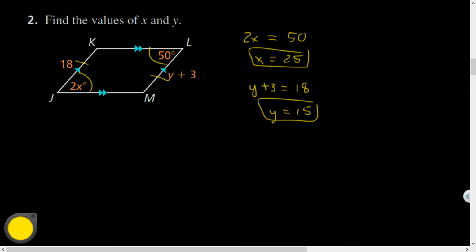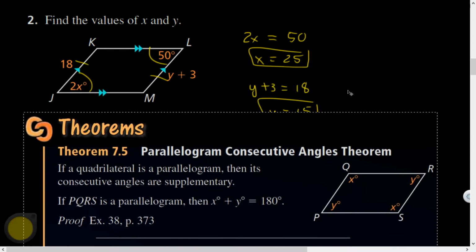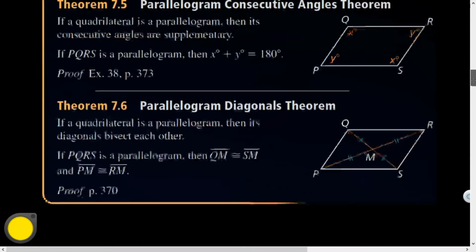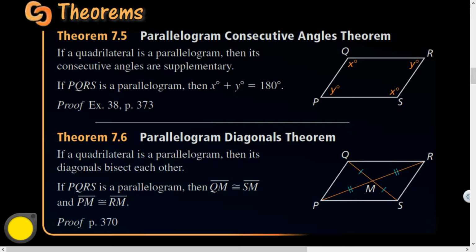I think it's more interesting, kind of that proof that we just did. Let's give you 2 more theorems. Right? All sorts of theorems coming at you today. And actually, maybe I'll even show that. I think I shall. So here we got the parallelogram consecutive angles theorem.